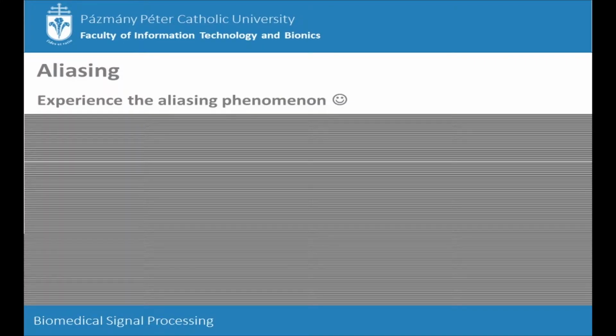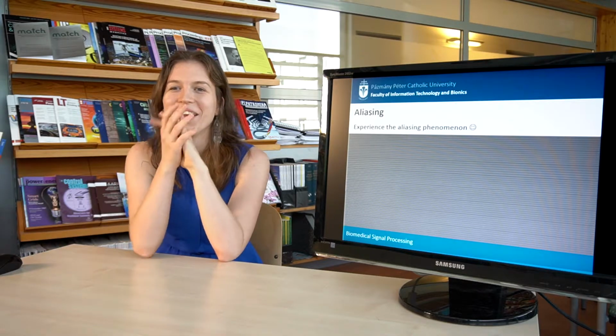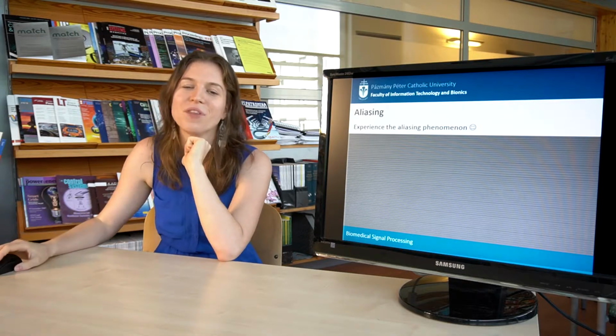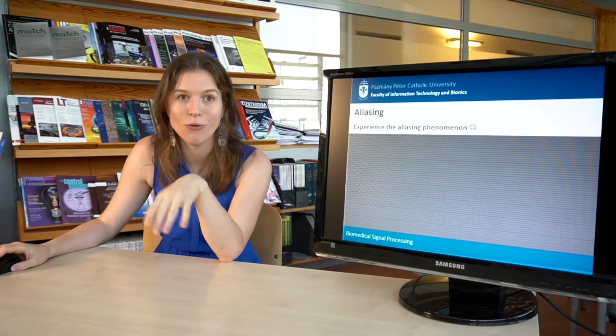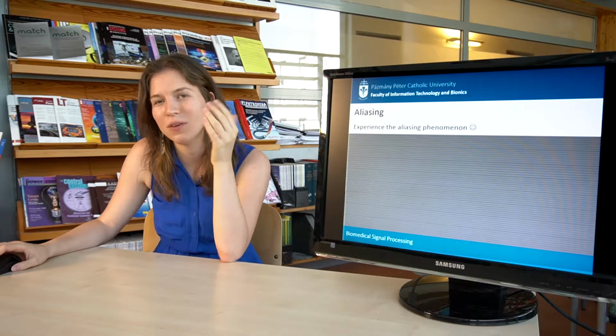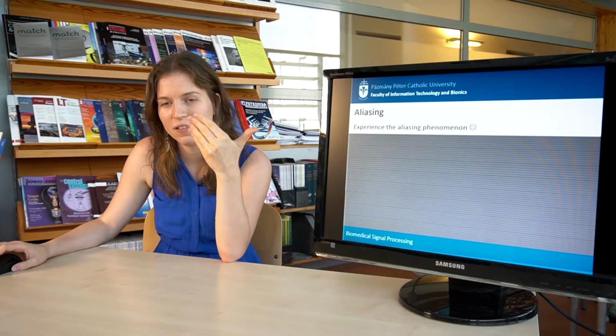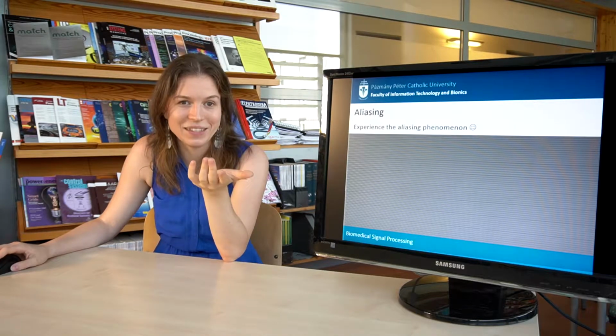So what are these? Comes the question. First of all, aliasing. So, if you are taking picture of stripes or a striped shirt or a bricked wall, then you will be able to see on the picture some patterns which are arising.